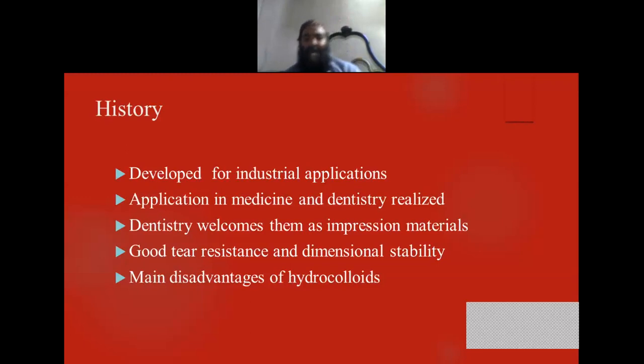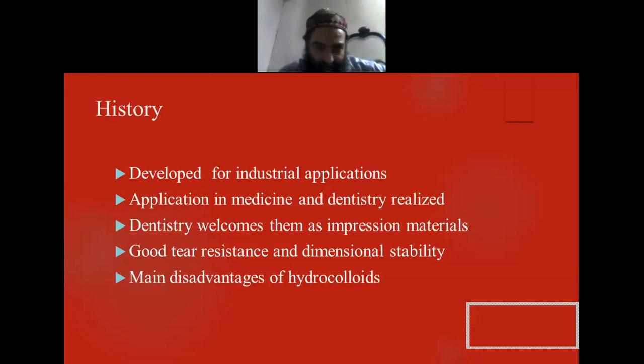Now, application in medicine and dentistry soon realized, and as dentistry needs impression materials, dentistry welcomes these products and these materials.